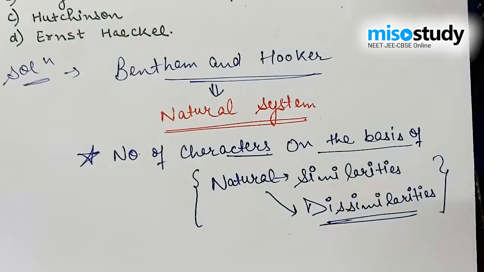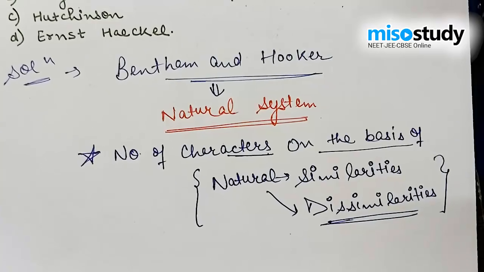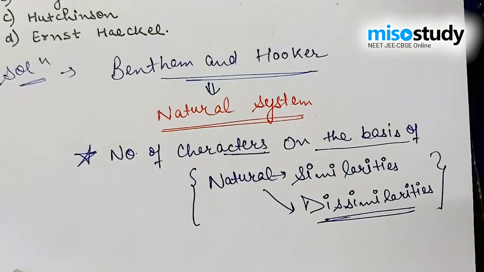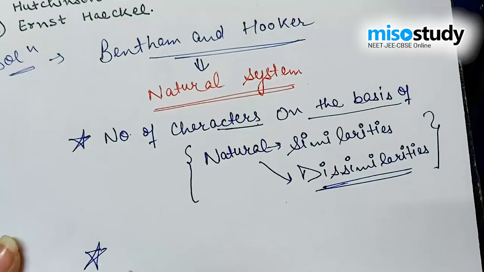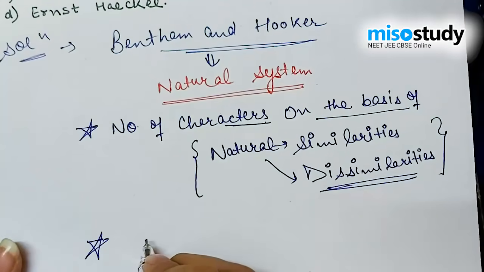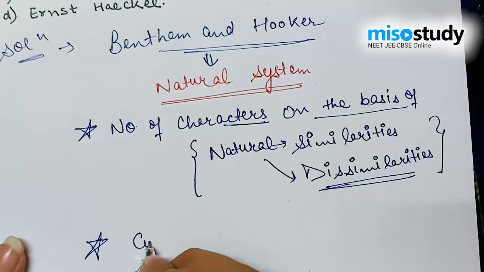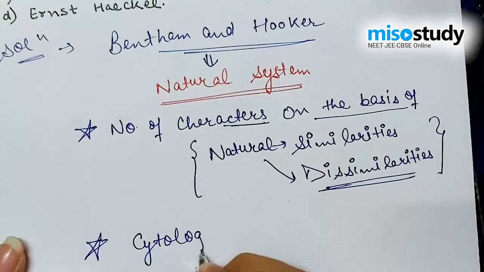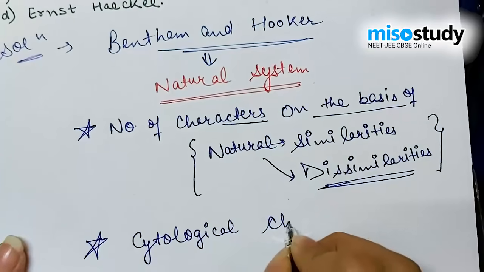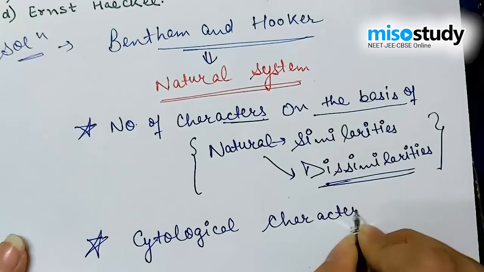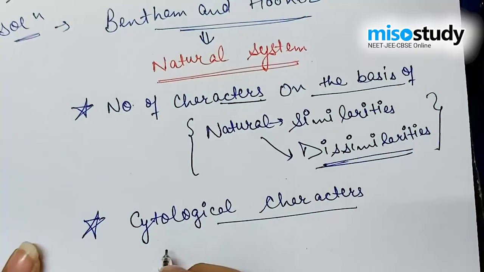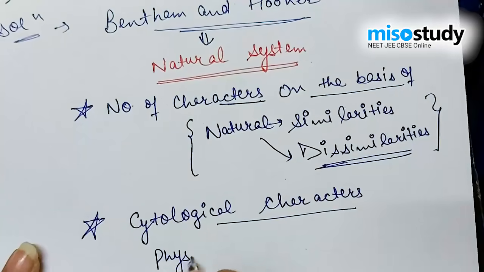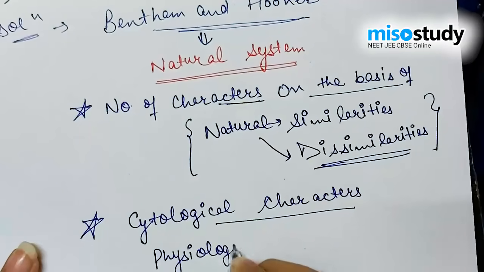As we discuss the similarities and dissimilarities, or the relationship between the various organisms, the system generally implies, apart from their relationships and the similarity point, cytological characters. Apart from the cytological, they also impart the physiological characters.